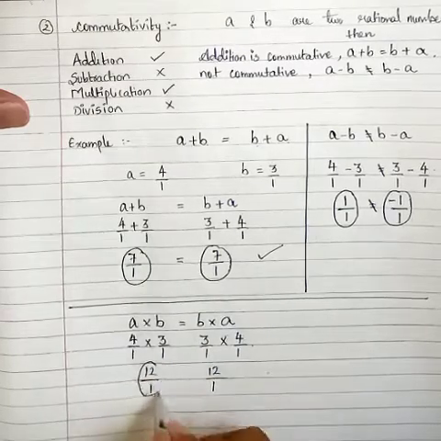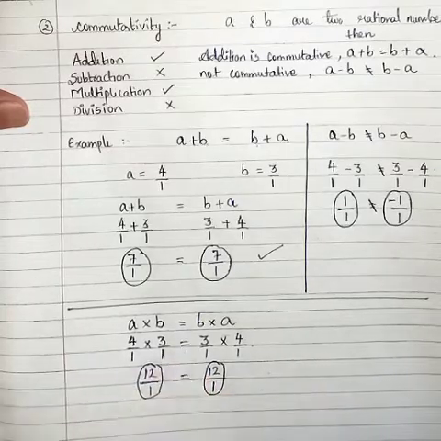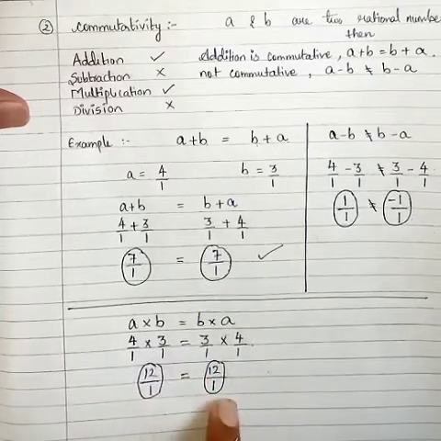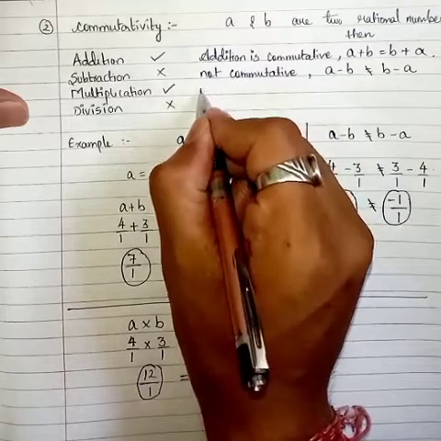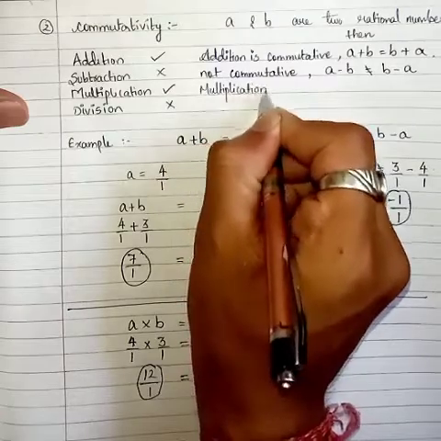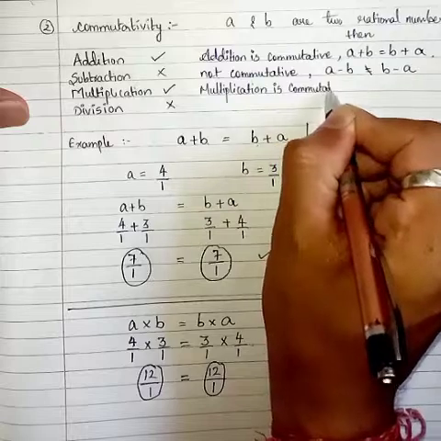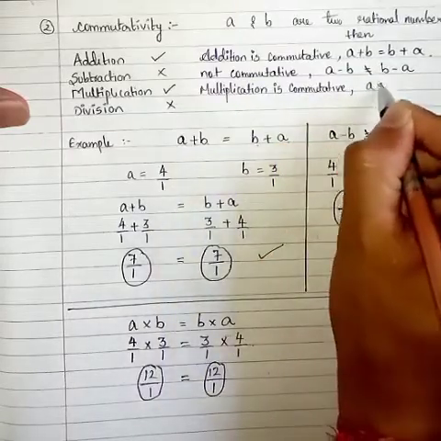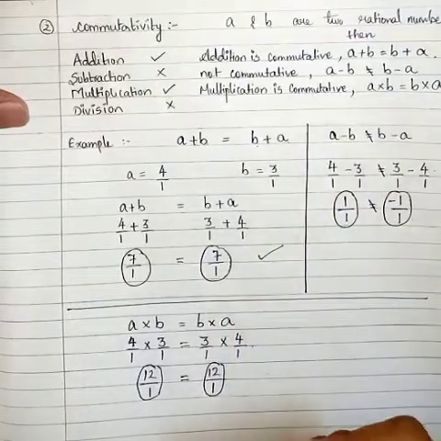So I can see both values are the same, so I can put an equals sign here, right? Both values are the same. So from here I can say that multiplication is commutative. That is, A multiplied by B equals B multiplied by A.